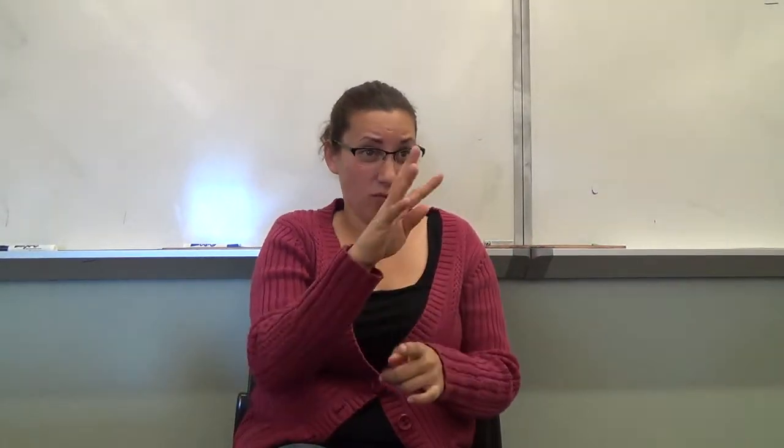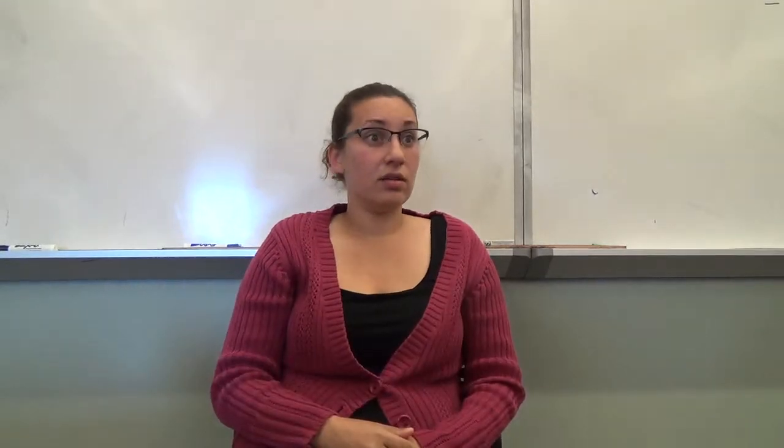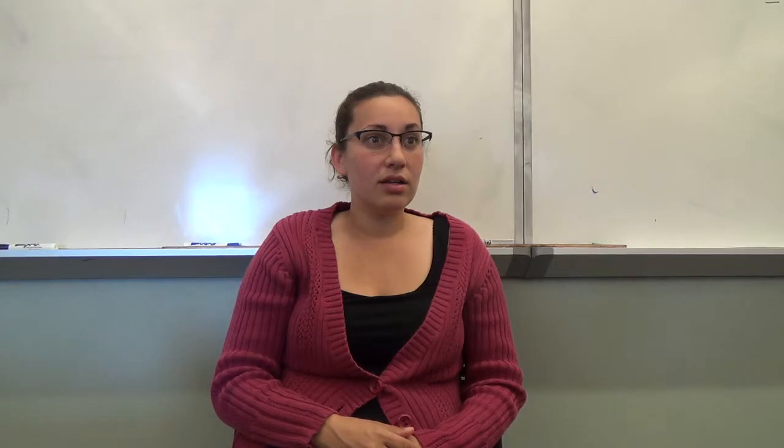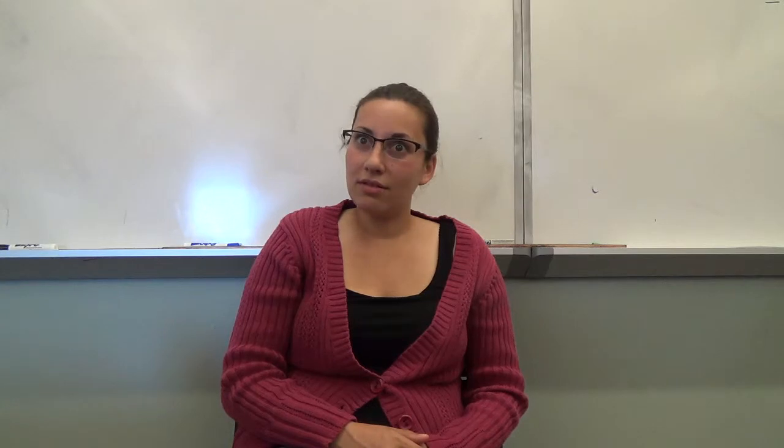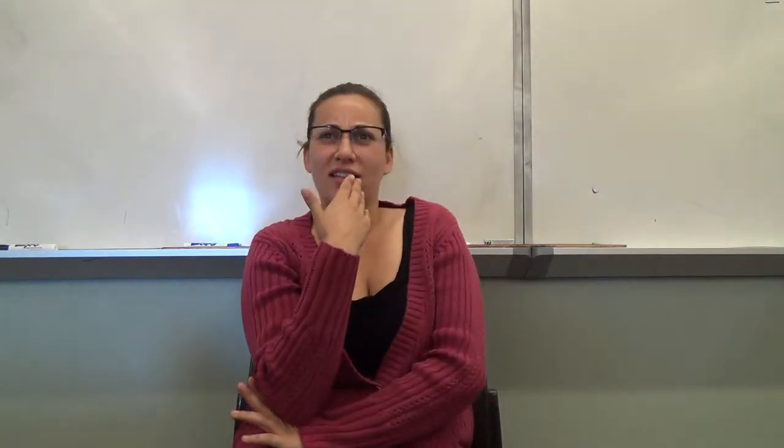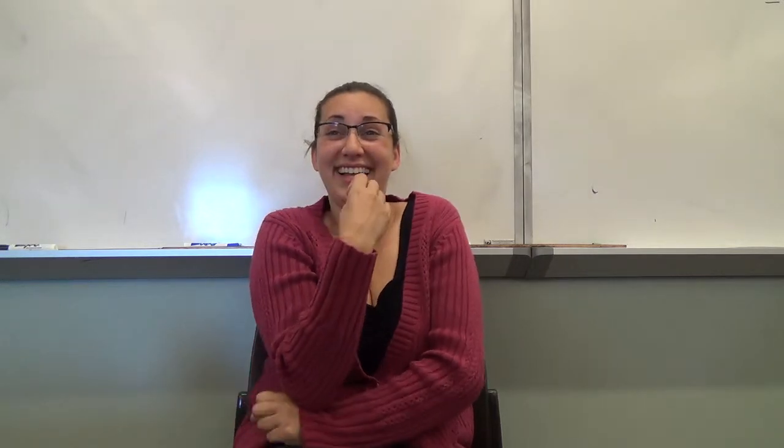But multiply by 2. That means multiply by 2. Okay. Do you know what triples would be? By 3. And you know the old word for that? Anyone know that? It's thrice. We don't have that.